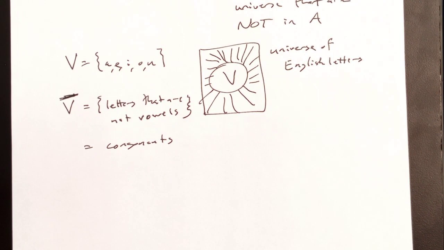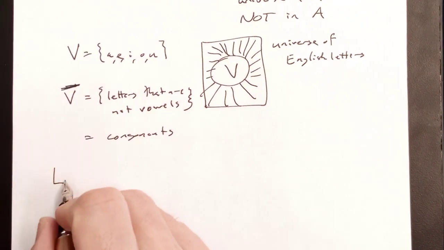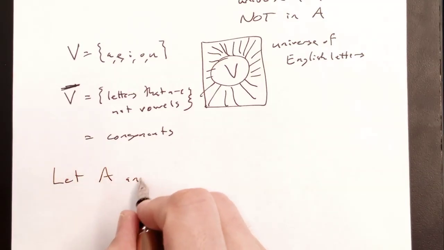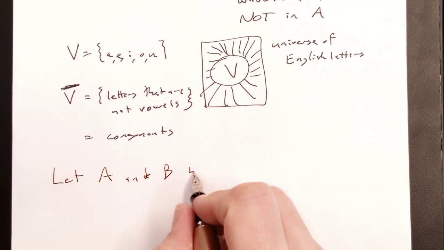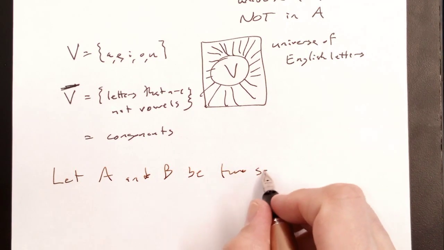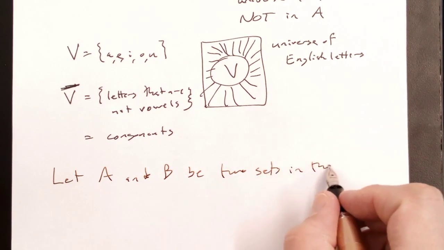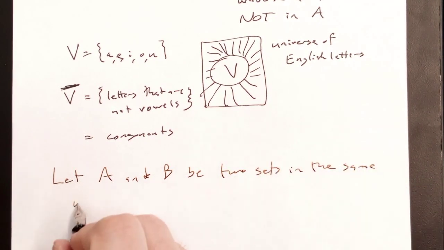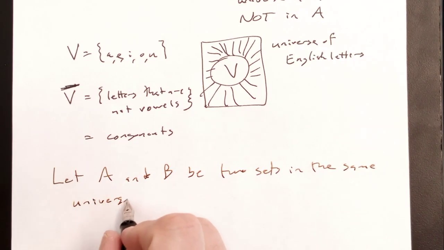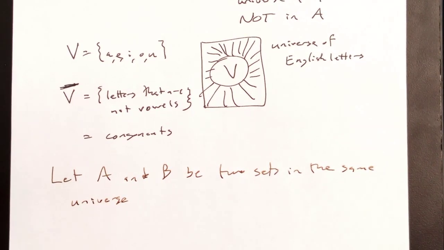So what were our next logical operators? Oh, and or. I can only do the and or of propositions that are in the same universe, the same type of discussion.